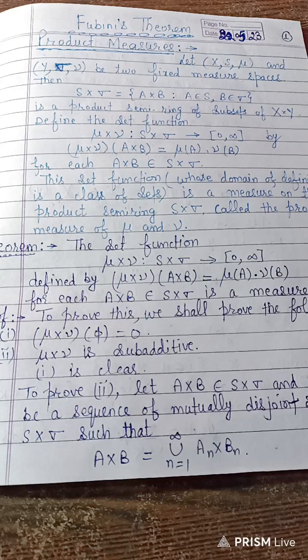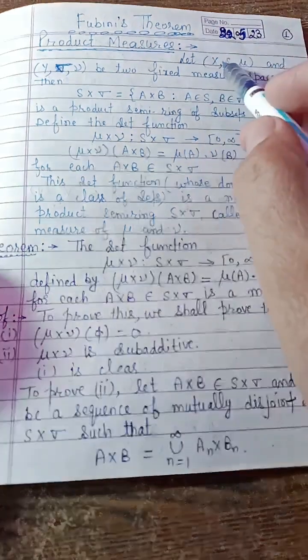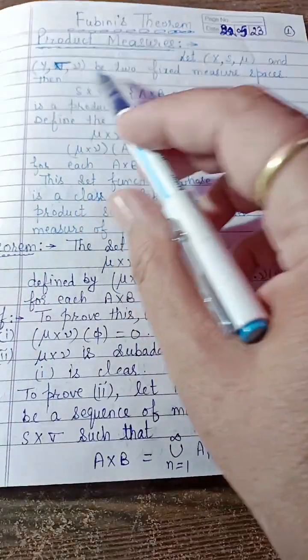In the definition of product measure, we have taken two fixed measure spaces, (X, S, mu) and (Y, sigma, nu).